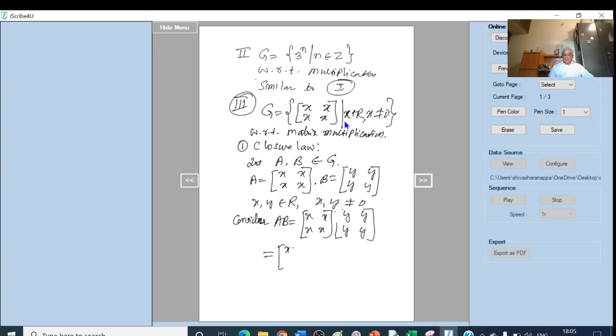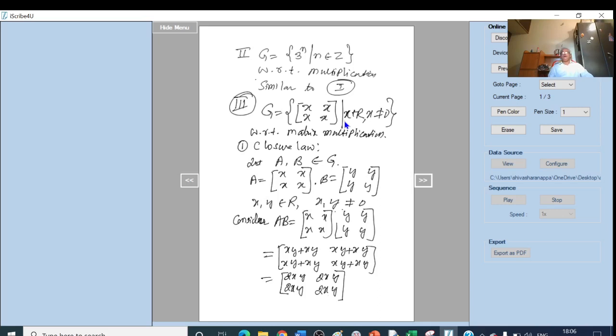This gives X into Y plus X into Y. First row, second column, X into Y plus X into Y. Then second row, first column, X into Y plus X into Y. Second row, second column, X into Y plus X into Y. So this is equal to the matrix 2xy, 2xy, 2xy, 2xy.